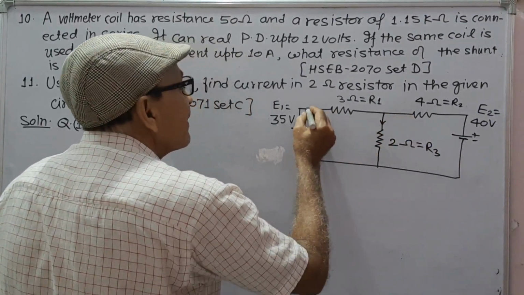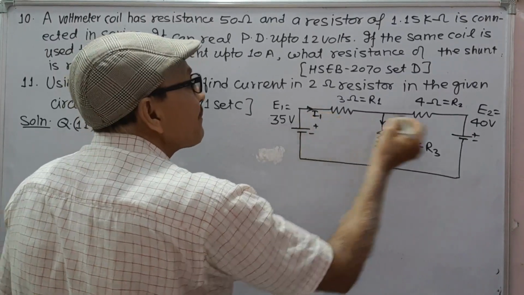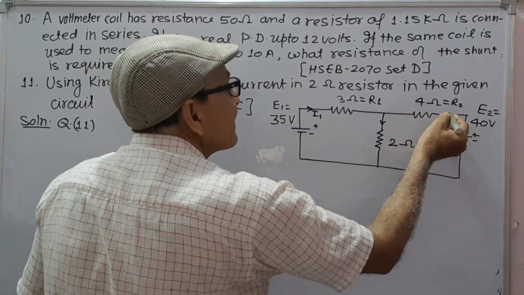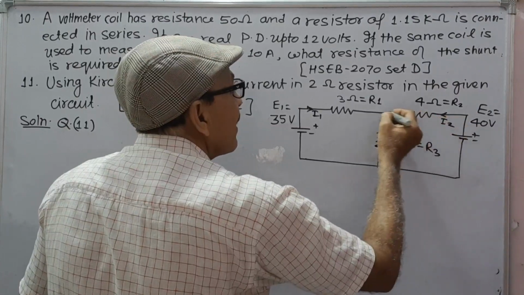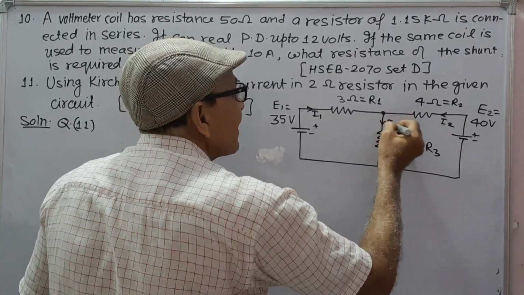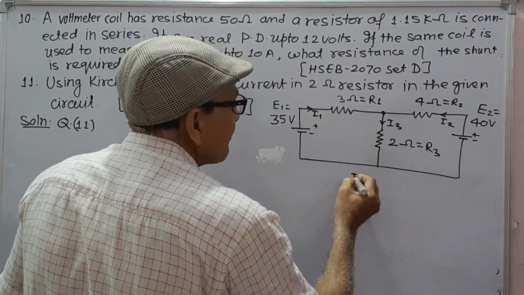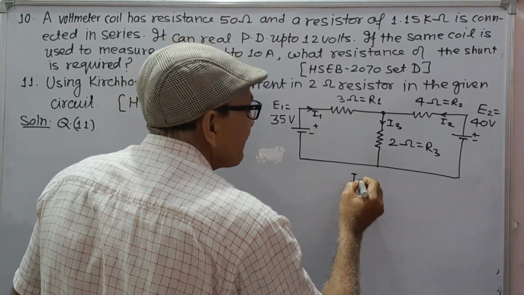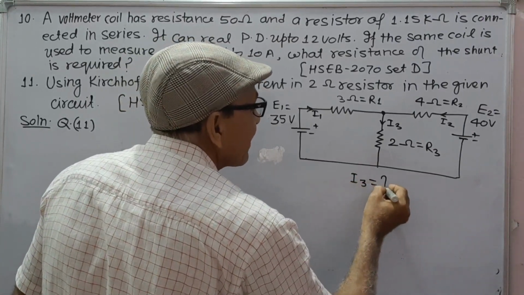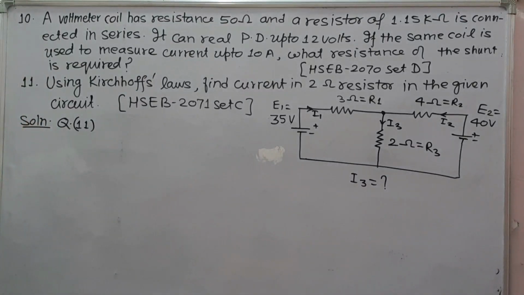Currents are, this is I1, this current is I2 and this current is I3. So we have to find I3, current in 2 ohm resistance.